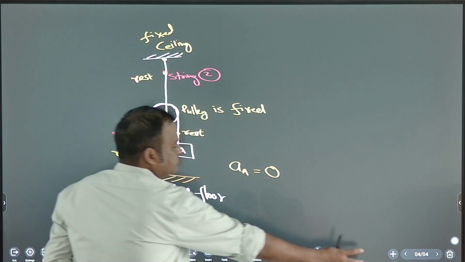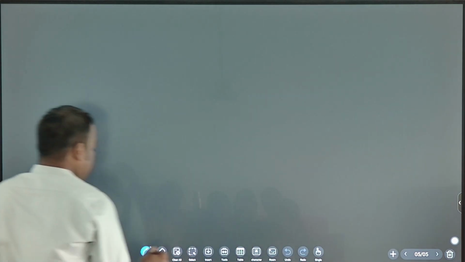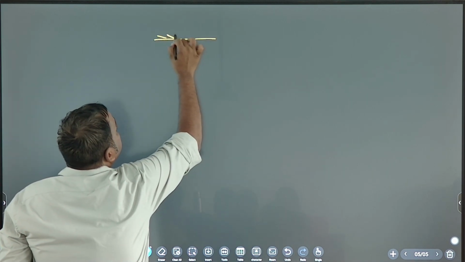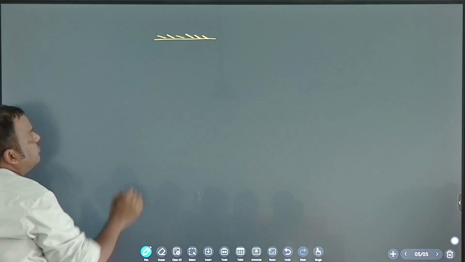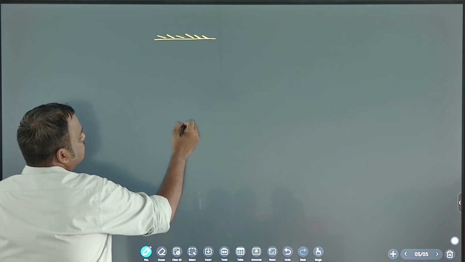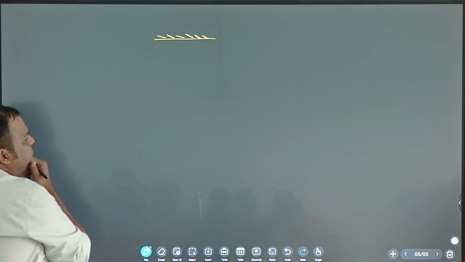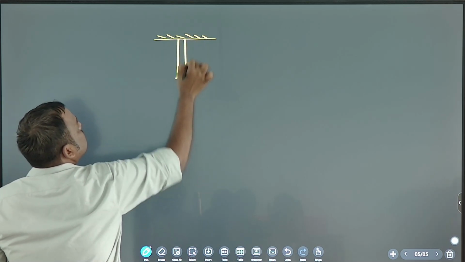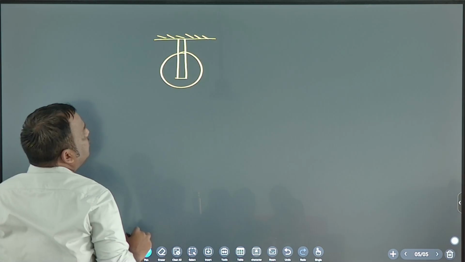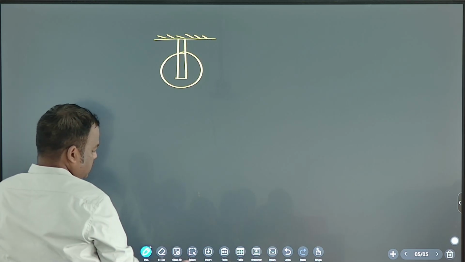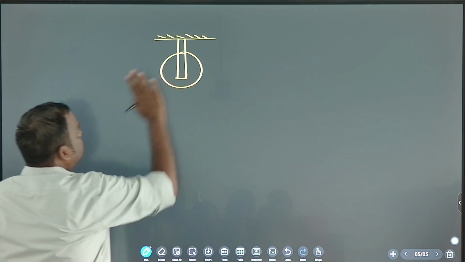Next. So one ceiling is there, one floor is there. And let's take one example. One pulley is there.